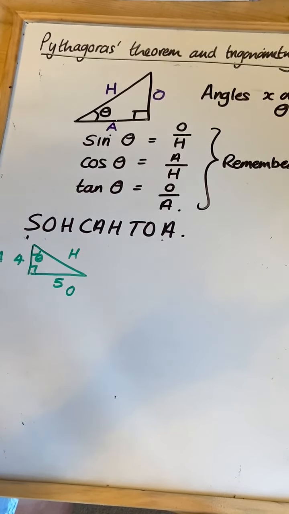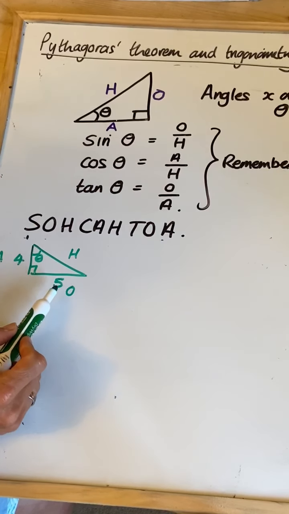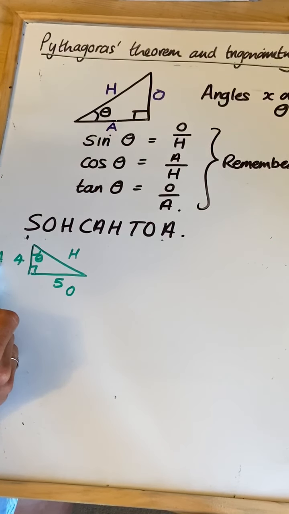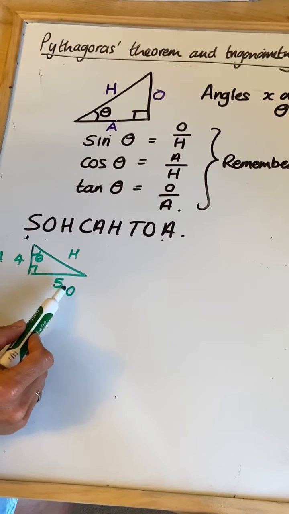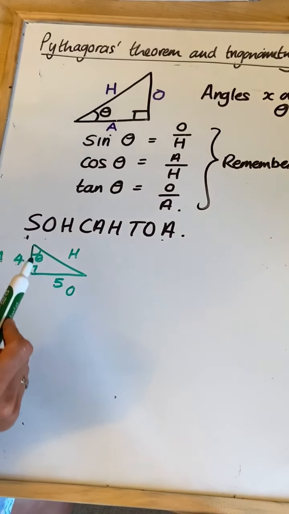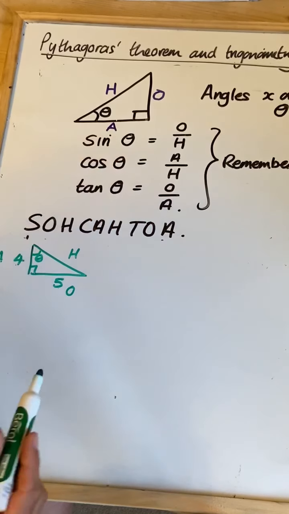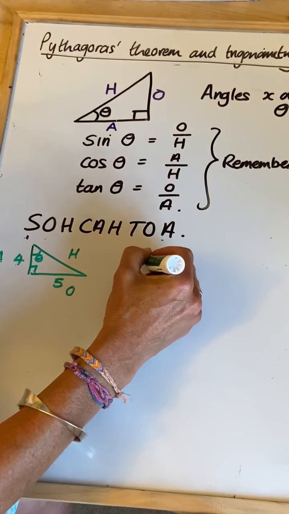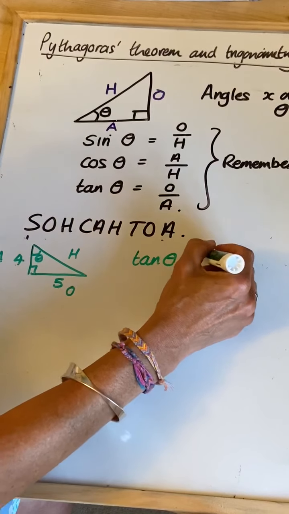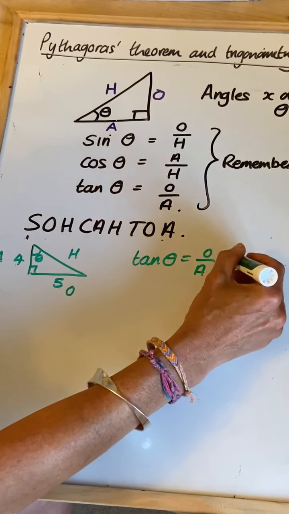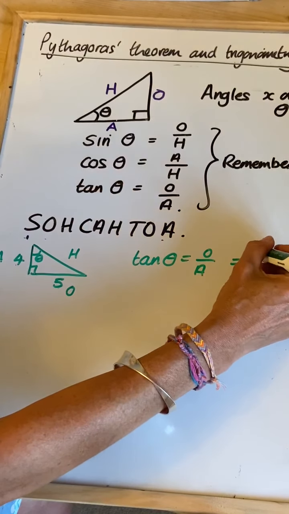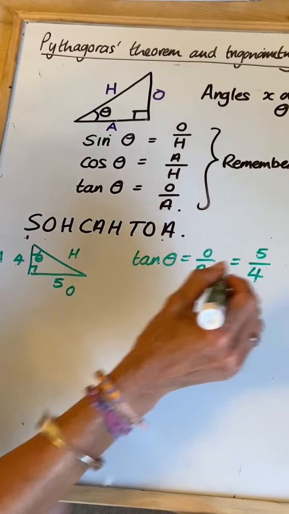Then you choose your trig ratio that you're going to use. I only have an opposite and an adjacent side given to me, so I'm going to use the ratio that's got opposite and adjacent in it, which is tangent. So tan theta is opposite over adjacent, and in this case opposite is 5, adjacent is 4.